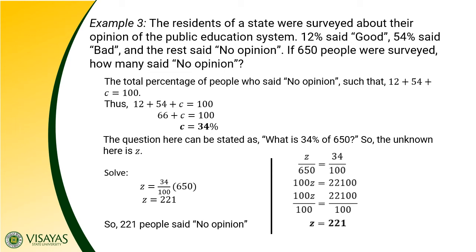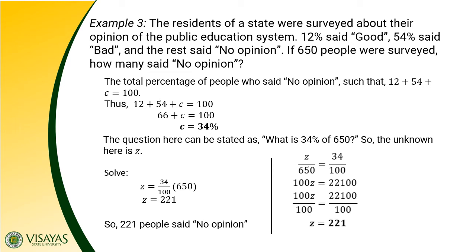Okay, we have here yung proportion natin out of this question is Z is to 650 because Z is the number of people who said no opinion out of 650, total number of people surveyed as 34 is to 100. Ibig sabihin, 34% of 650 out of 100 yung 100% respondents yung nagsabi ng no opinion.